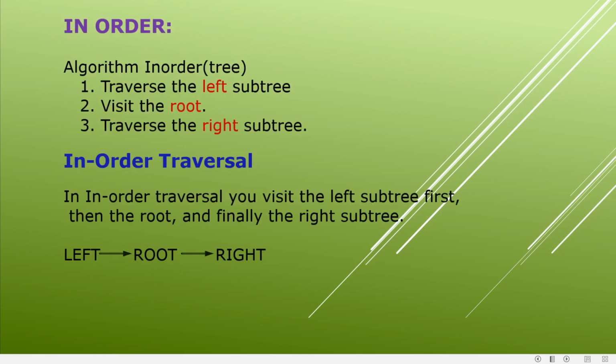The next type of traversal is Inorder traversal. In pre and post order, we traverse the left subtree, then right subtree, then root, or else root, left subtree, and right subtree. Whereas in Inorder, we first visit the left child, then visit the parent node, and finally visit the right child, including its entire subtree.